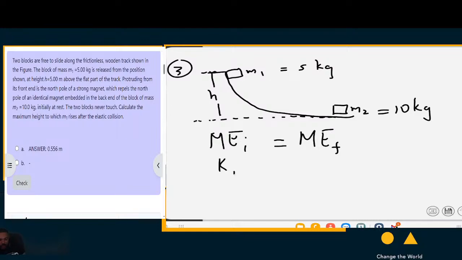So the kinetic energy plus the potential energy initial is equal to the kinetic energy plus the potential energy final. Okay? Now, the kinetic energy initially is a half mv squared. It's the mass of one times the velocity of the first one.